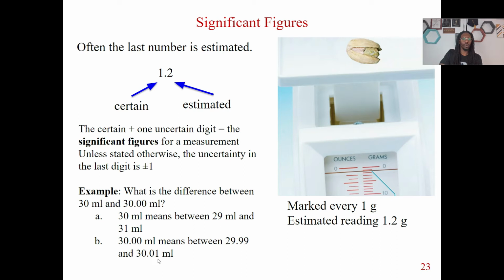So this is something you want to pay attention to if you are ever looking at sig figs or really any type of measurements, because it matters how it's marked. If it's marked by just showing 30 milliliters, you read that measurement differently than if it's marked 30.00 milliliters.